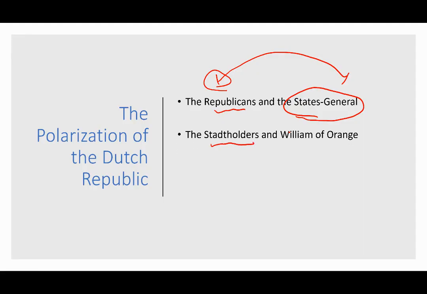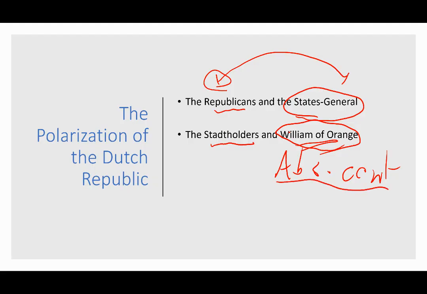And the stadtholders were the military governors of the different provinces, and they supported the monarchy of William of Orange. They wanted William of Orange to become an absolute king so that he can centralize and stabilize the power. So since they want to go all the way to a very conservative government, they're over here.